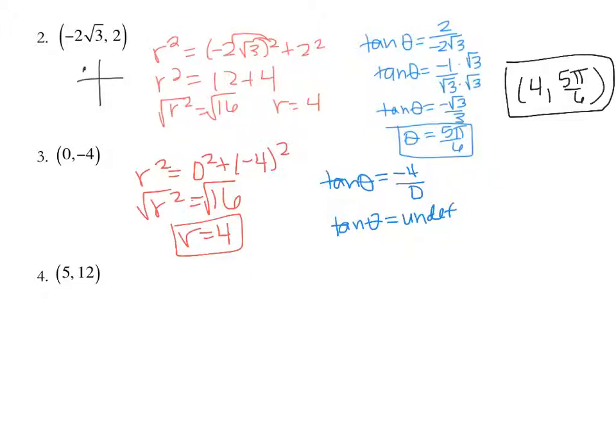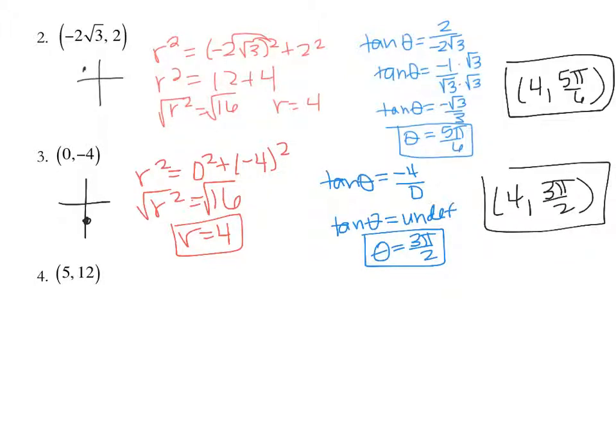So I need to look at where it's undefined, specifically in the location of where 0, negative 4 is. So that's over 0, down negative 4. So you should be looking on the bottom part of the plate, and that section is 3 pi over 2. So those two together give me our polar coordinate: 4, 3 pi over 2.